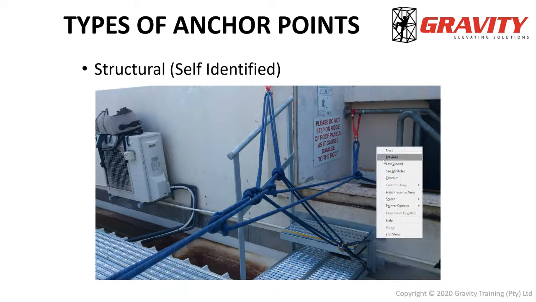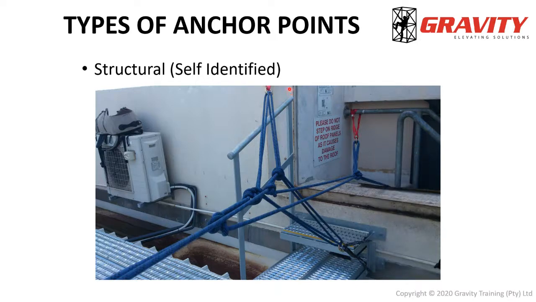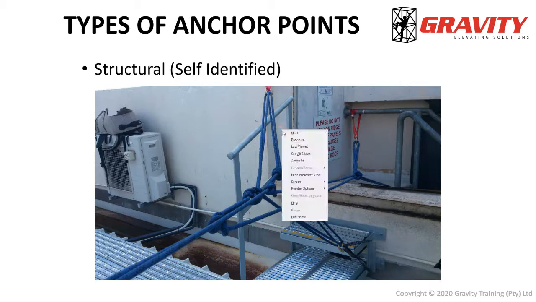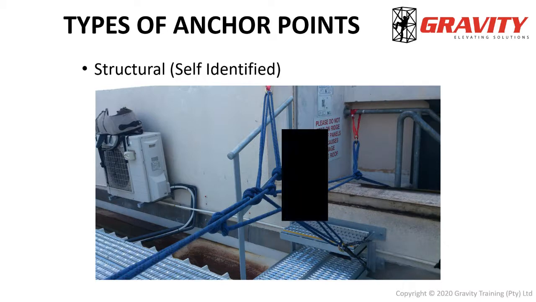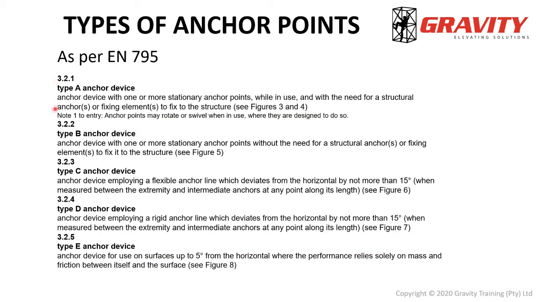Okay, so now you can see, hopefully, that none of these anchors that he's using is certified as rope access anchor points. And what I mean by that is they don't comply with this definition of a type A anchor device.